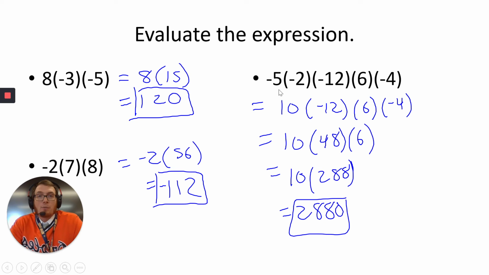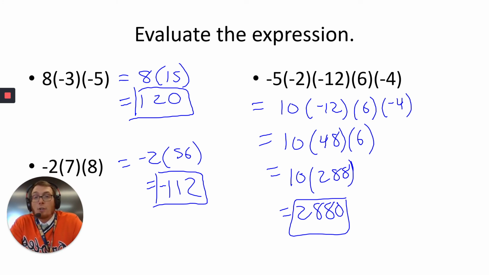The last one, I just went kind of left to right. I multiplied some things together first, so I multiplied these two. 5 and negative 2 become negative 10. You'll notice the next step I kind of switched, and I did negative 4 times negative 12. The associative and commutative properties say I can switch things around as long as it's only multiplication.